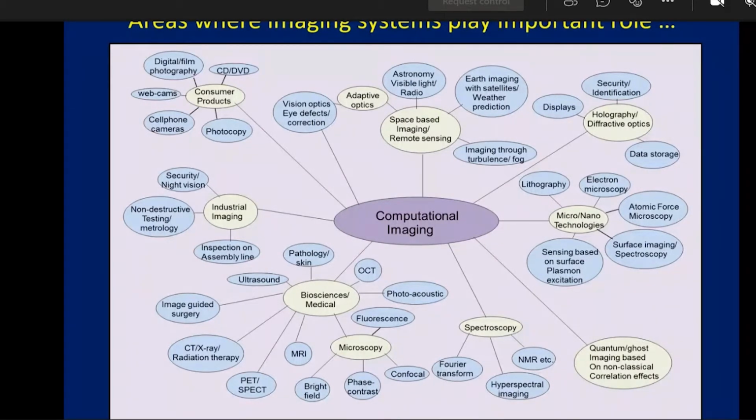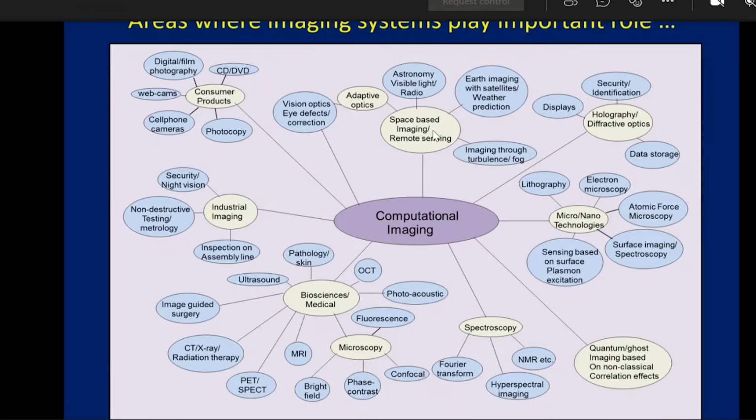At one end of the spectrum is just consumer products like digital cameras and mobile cameras. At the other end, I have shown more exotic things like quantum imaging that are based on non-classical states of light, some exotic states of light. But in between, there are many areas where imaging plays a very important role.